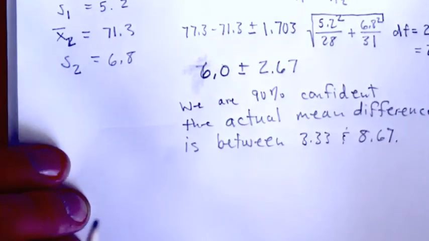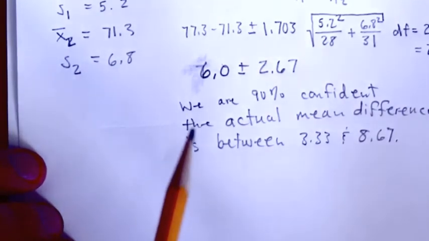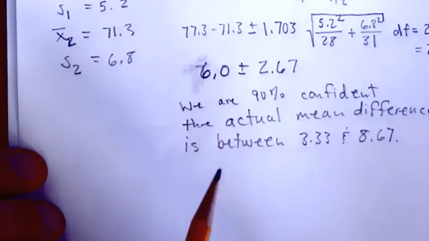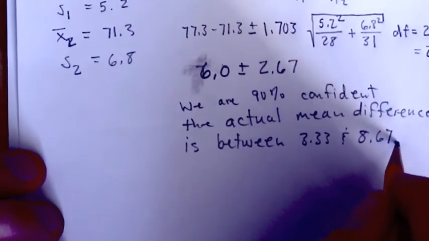So the actual mean difference between the group sleeping more than 8 hours and sleeping less is somewhere between 3.33 and 8.67. And that's it.